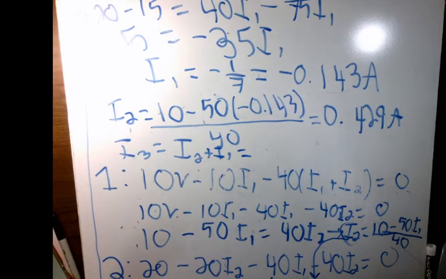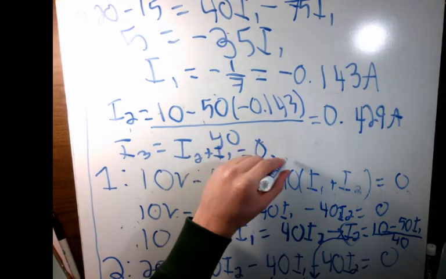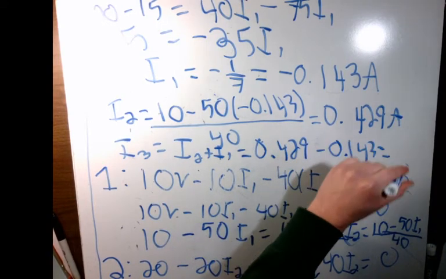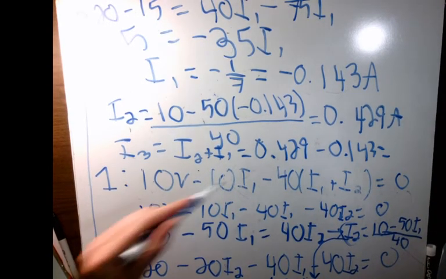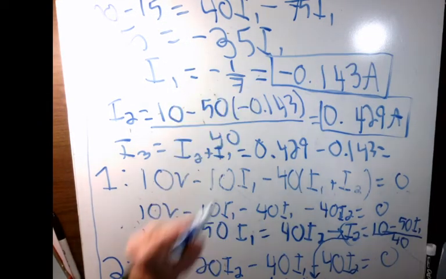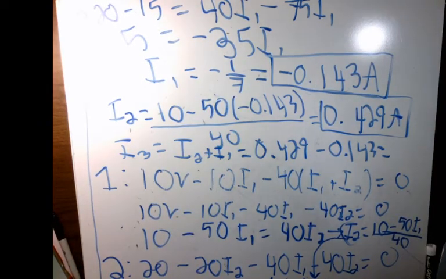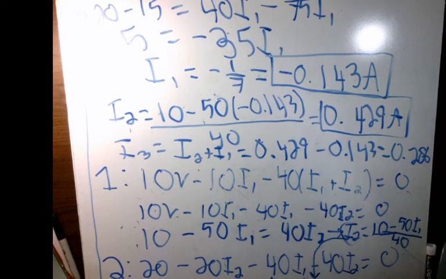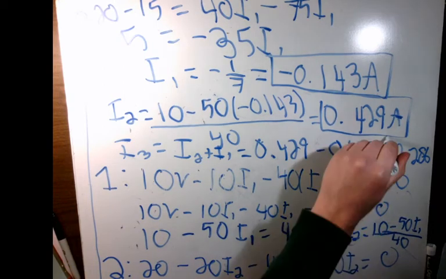So that would be 0.429 minus 0.143, giving us 0.286 amps for I3.